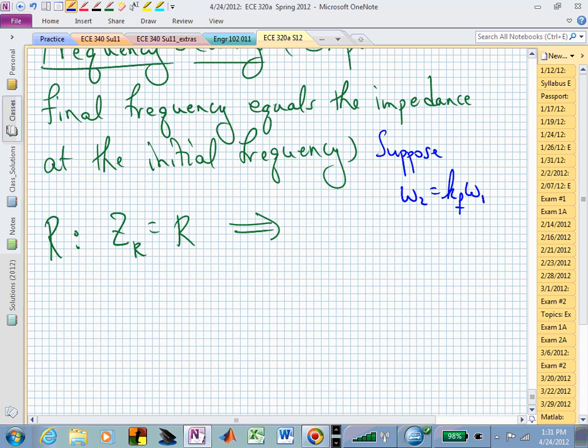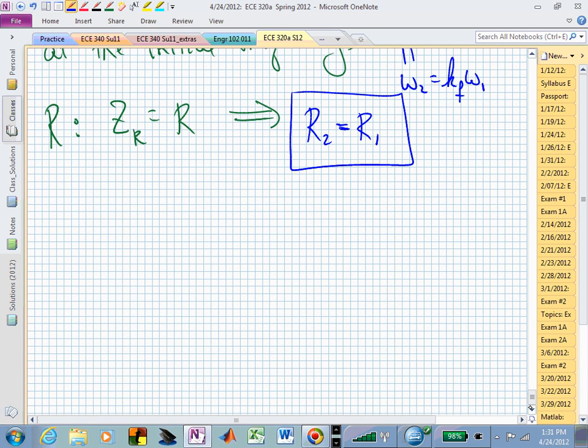How will R sub 2, my final resistor value, be related to R sub 1? The impedance is not a function of frequency, so we would expect that when we frequency scale resistors, we don't do anything. That's why we need to magnitude scale if we want to change resistor values. Frequency scaling won't do anything.